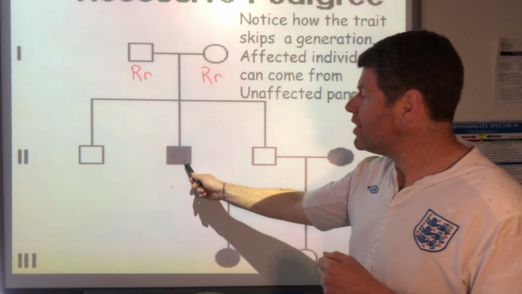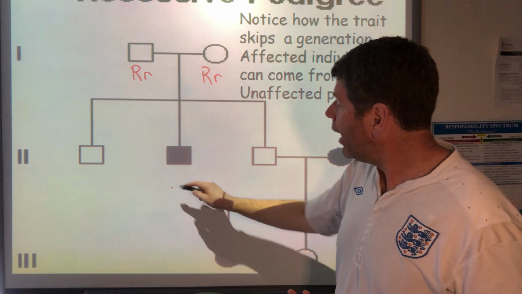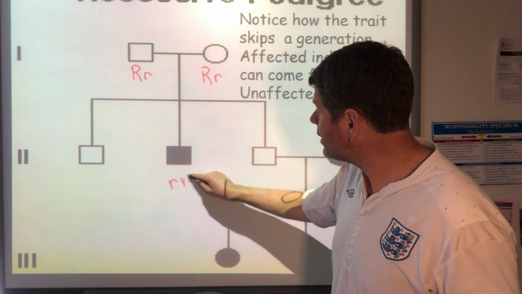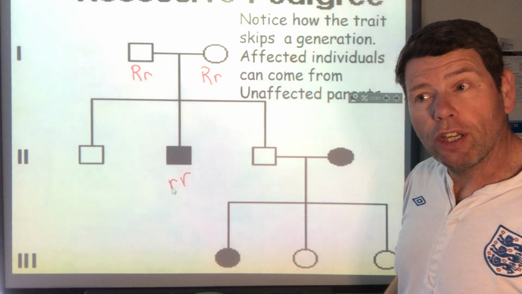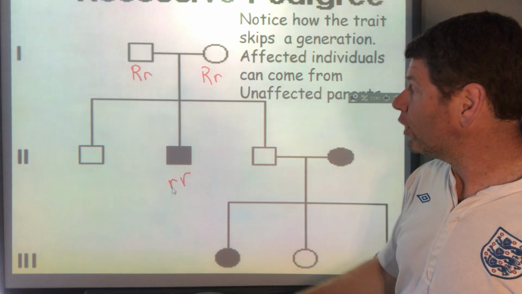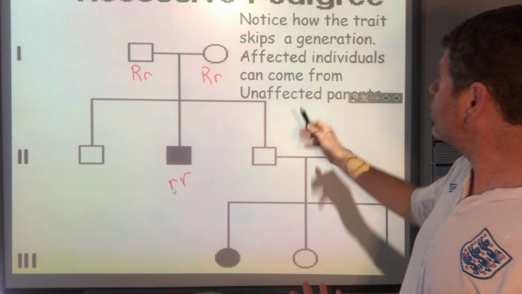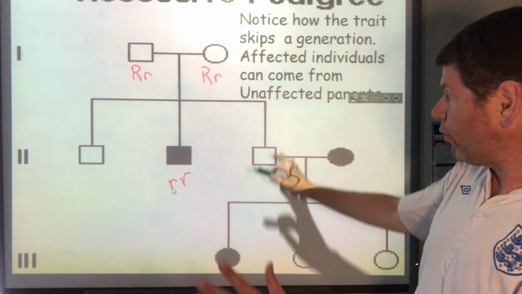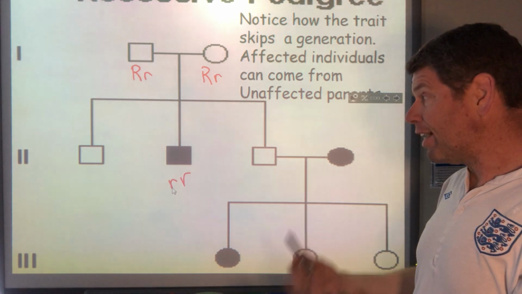And we notice that this is an affected son. Squares are boys. This is an affected son. And so to be affected, if it's recessive, the only way to have the trait is to be homozygous recessive, little r, little r. And so when we look at a pedigree, we can determine if the trait is a recessive trait or not.